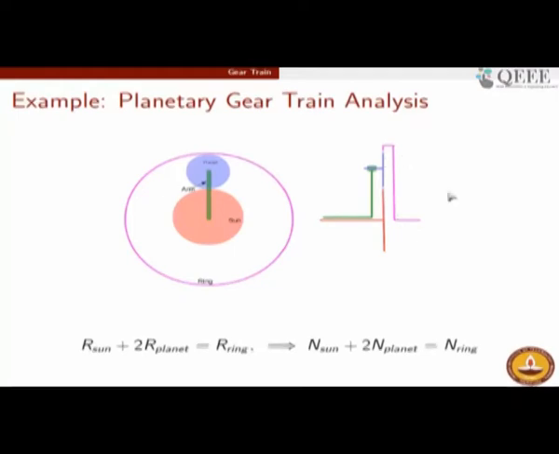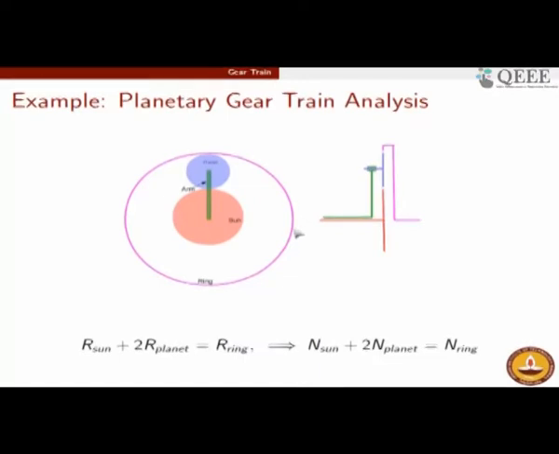So this is indicating that there is an internal gearing arrangement between the planet and the magenta. So again, from geometrical considerations, we have the radius of the sun to be... the radius of the ring gear, I'm sorry, this is the radius of the ring gear.